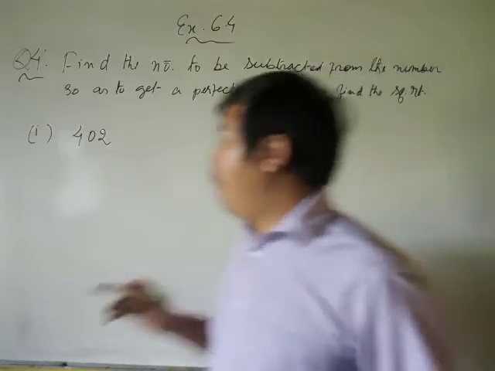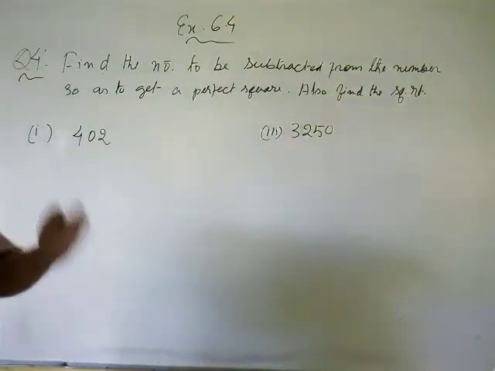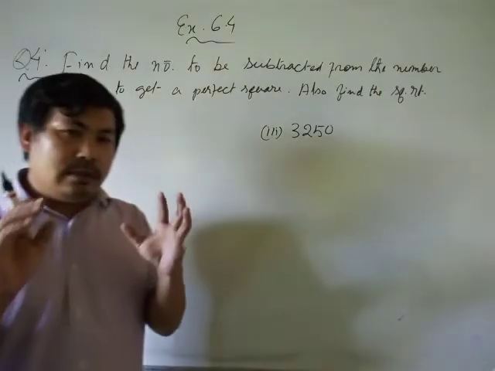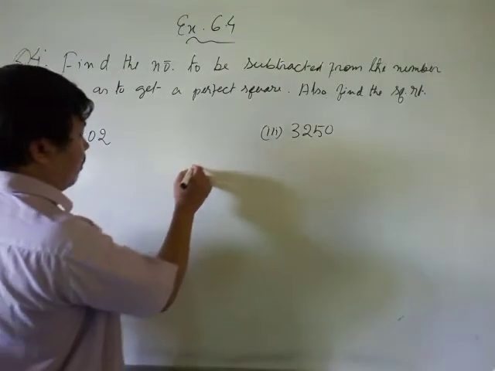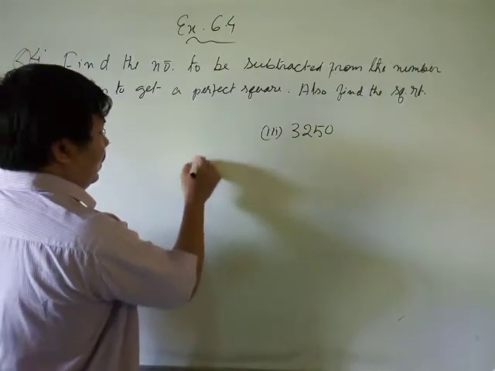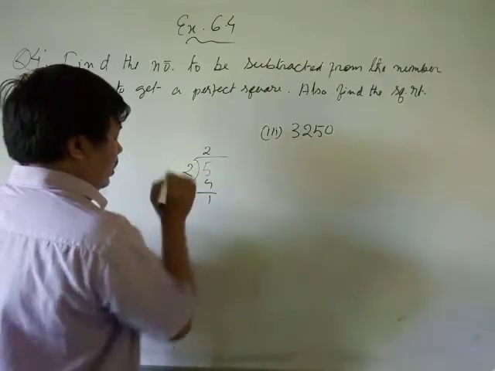So let us see, 402. What will we do first of all? See, I'll give you one very simple example. For example, 5 is divided by 2. 2 twos are 4, remainder 1.